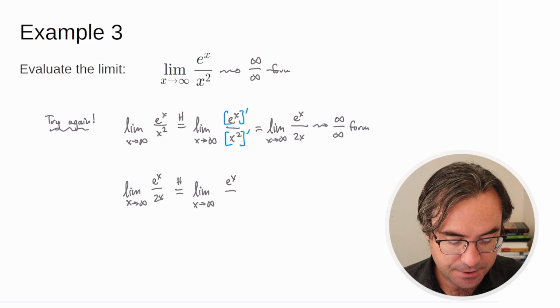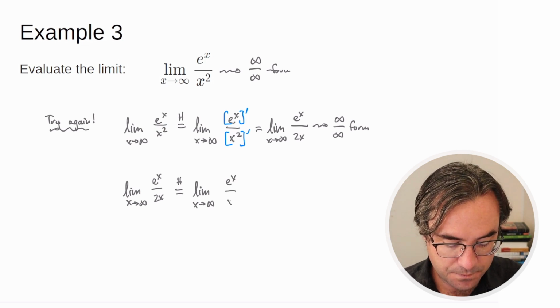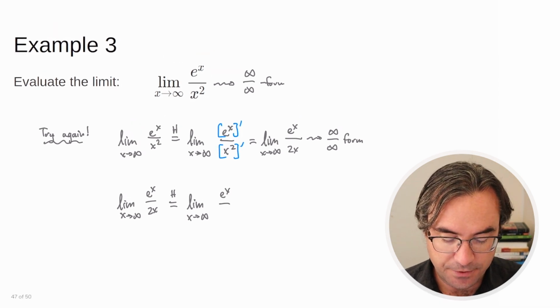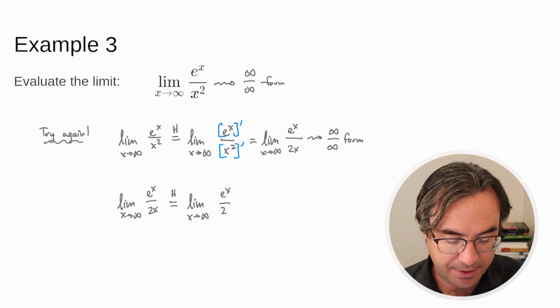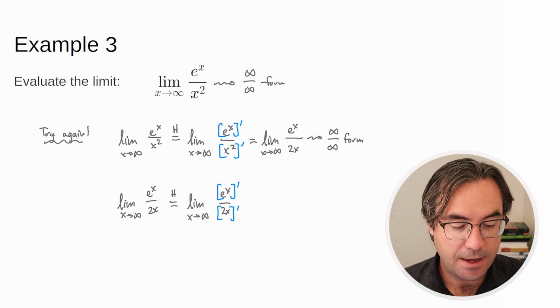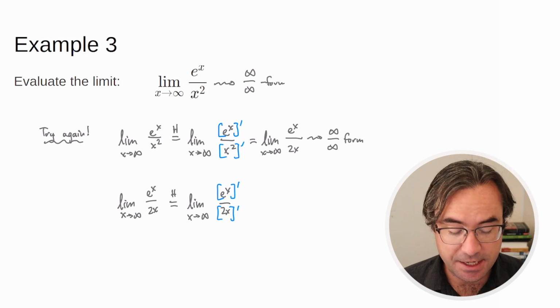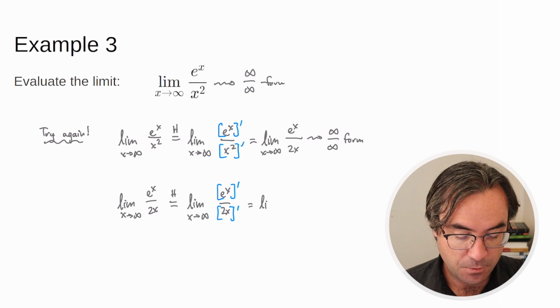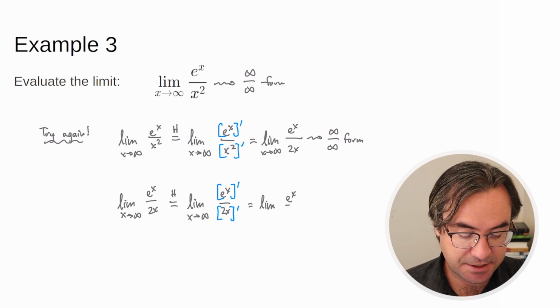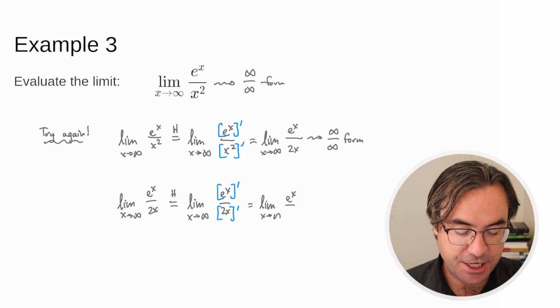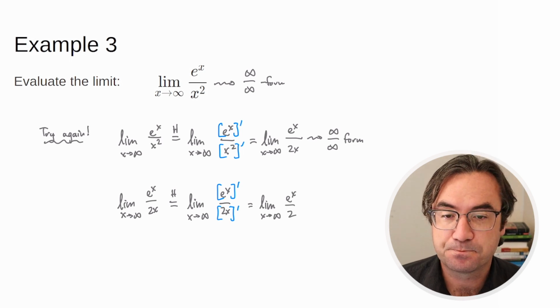So in this case, we're going to apply the derivative to both the top and the bottom again, the way L'Hopital's rule works. And if we differentiate e to the x, it still stays just e to the x. And if we differentiate 2x, we get 2.